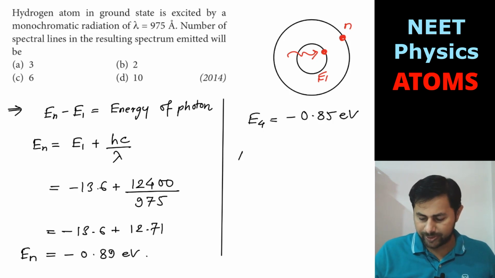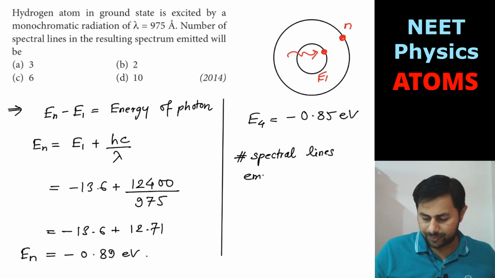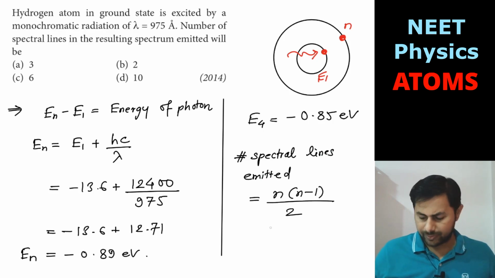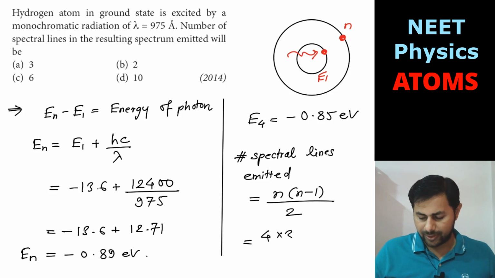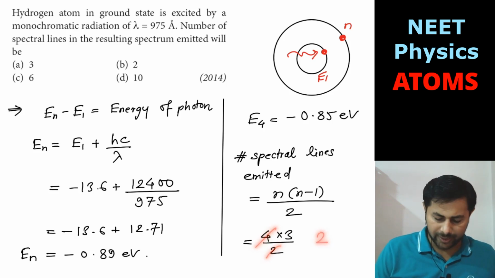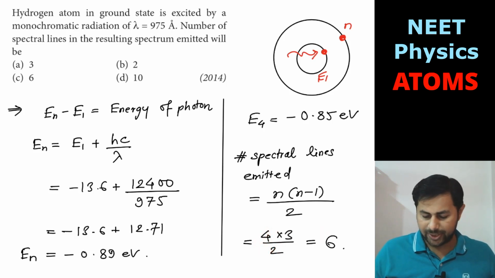The number of spectral lines emitted is equal to n times n minus 1 divided by 2. So it is 4 times 4 minus 1, which is 3, divided by 2. So 4 by 2 is 2, 2 times 3 is 6, so it will emit 6 spectral lines.